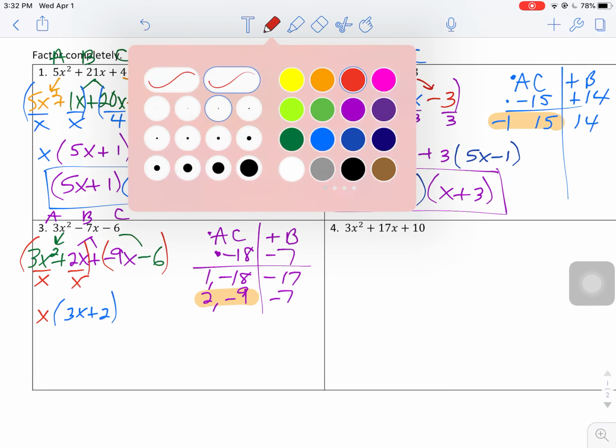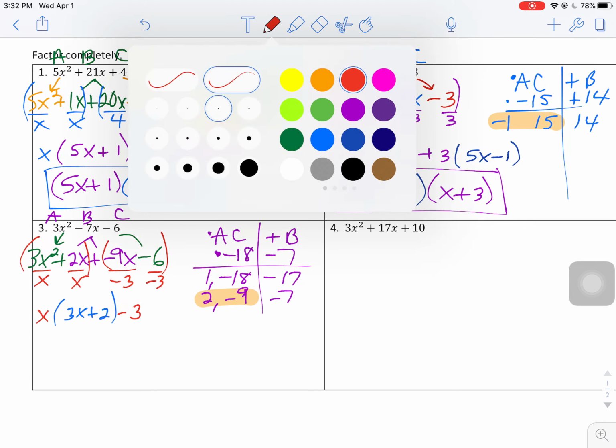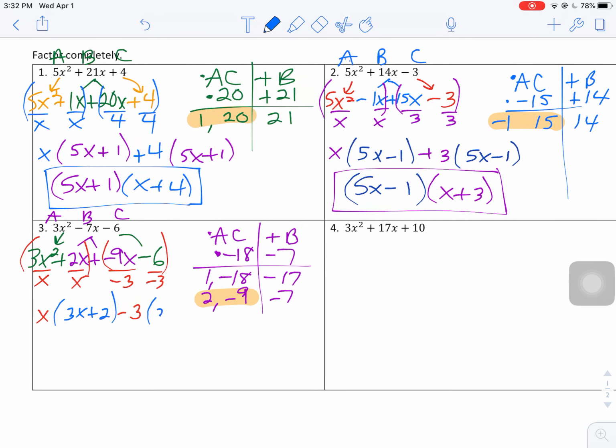And then in the back, since the negative 9 is negative, take out a negative 3 for your GCF instead of a positive 3. That way the leftovers should have the correct signs. And then the 3x plus 2's match, so divide that out in the front as a GCF, and then the x minus 3 are the leftovers in the back.